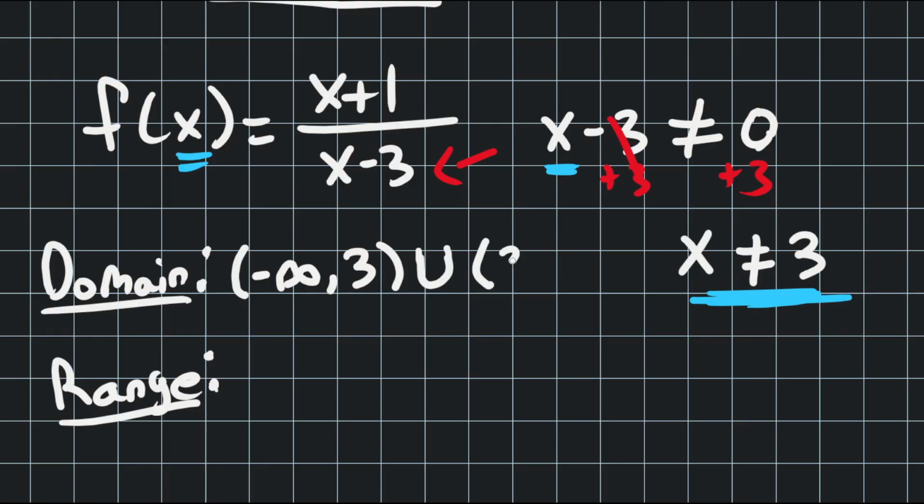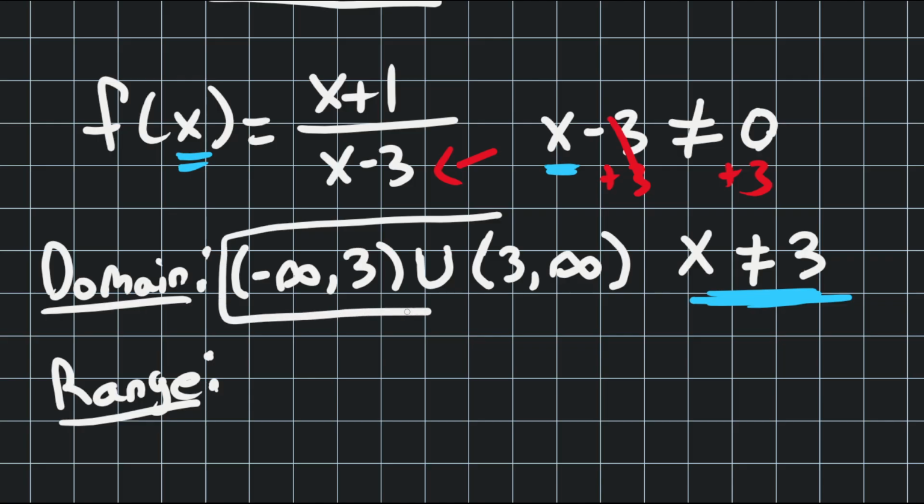The input can go from 3, again, not including it, so we're using the parentheses, to positive infinity. That is how we represent our domain using interval notation. So, in other words, the domain x, our input can be any number except 3. As long as it's not 3, it can be any other number. And that's the important part there.